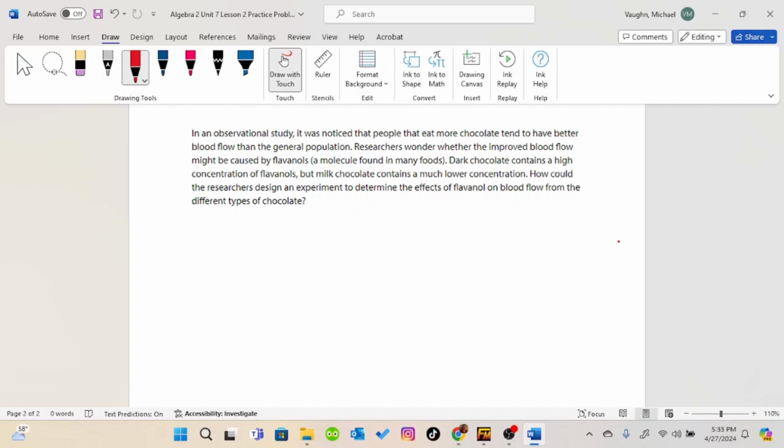You need to control as many variables as possible.